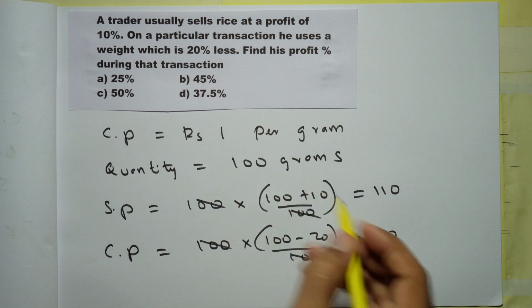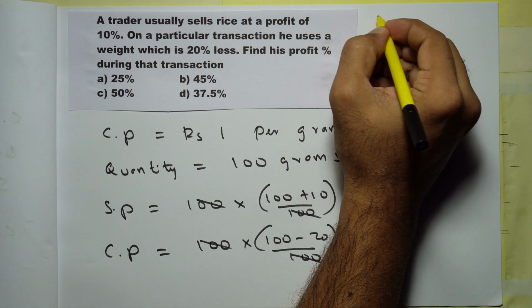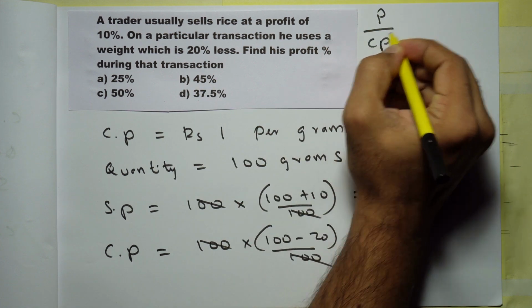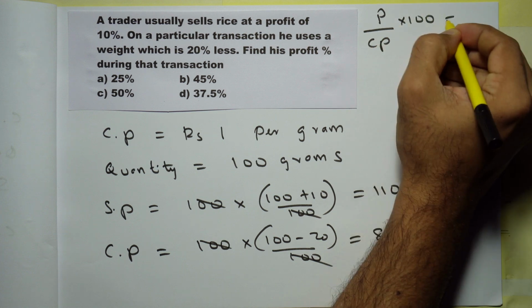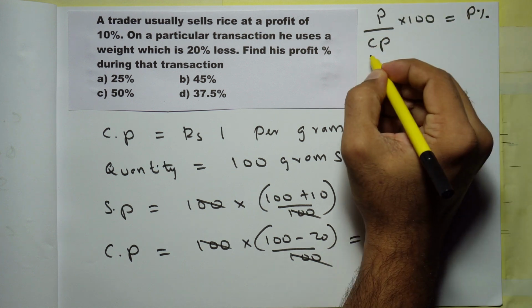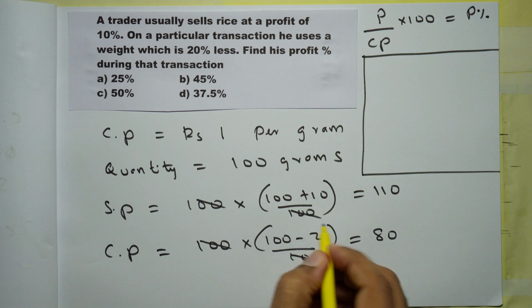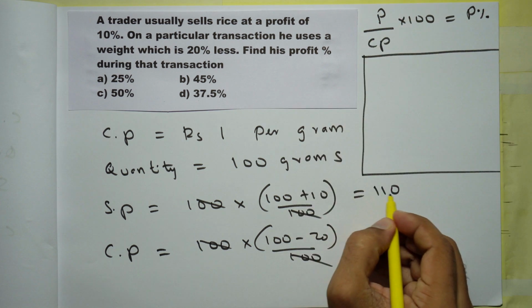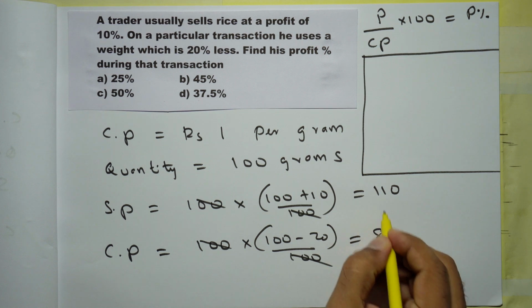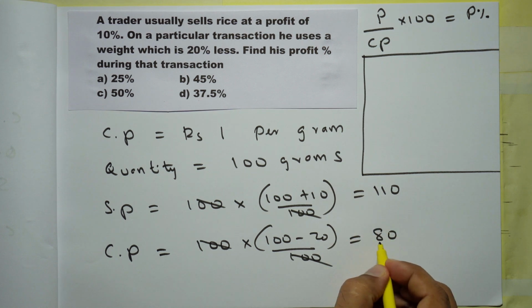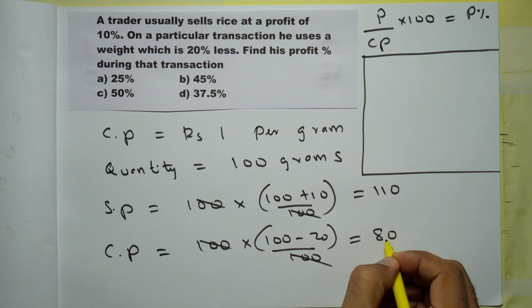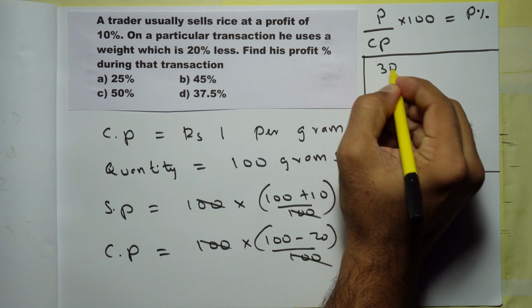Find his profit percentage. You have the basic equation: profit out of CP into 100 gives you profit percentage. So we'll just substitute into this equation. Profit is SP minus CP. He is selling it at 110 and his cost price is 80. So 110 minus 80, his profit will be 30.